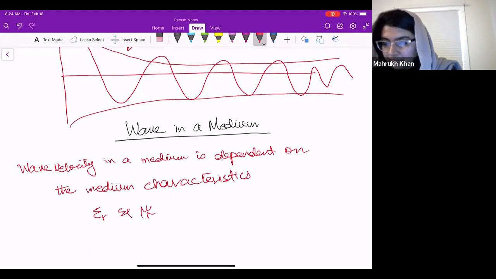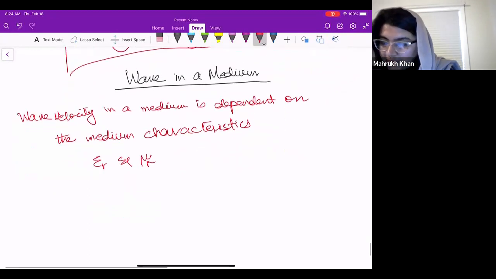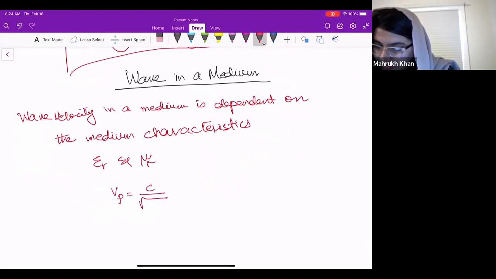So the wave velocity changes from the speed of light by a factor of epsilon r mu r.